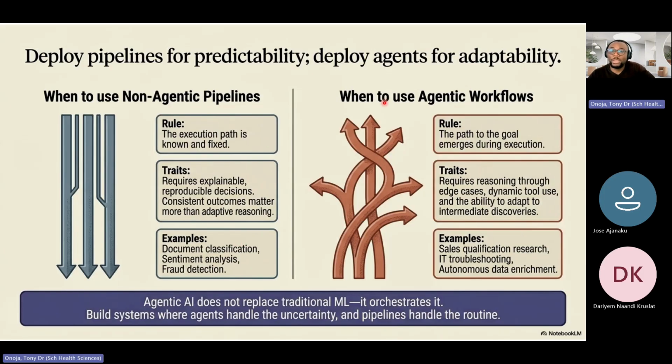But now, when to use agentic AI: when the path to the goal emerges during execution. This is not something where you could easily say this is the end from the beginning; both of them coexist in one particular environment. So the goal and the execution are always interwoven, and that kind of situation is difficult to isolate.